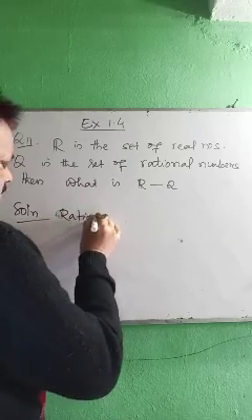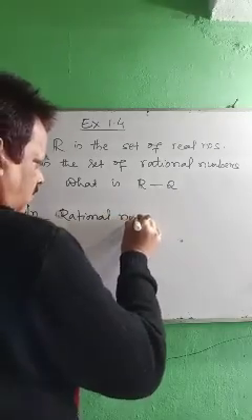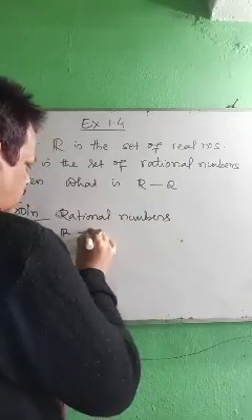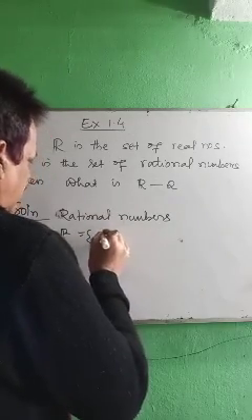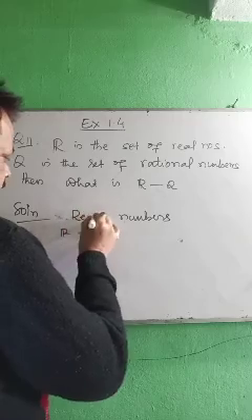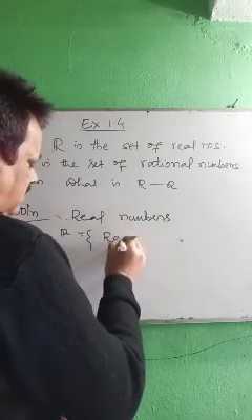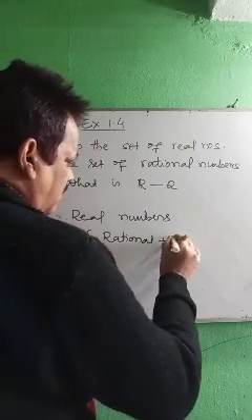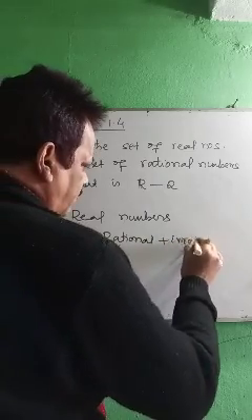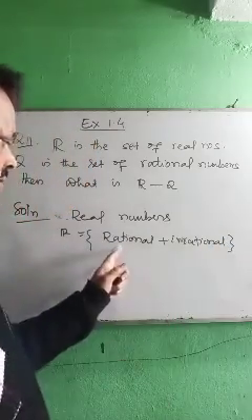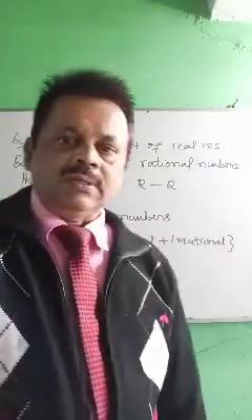Real numbers are rational plus irrational. Okay, rational and irrational give you real numbers.